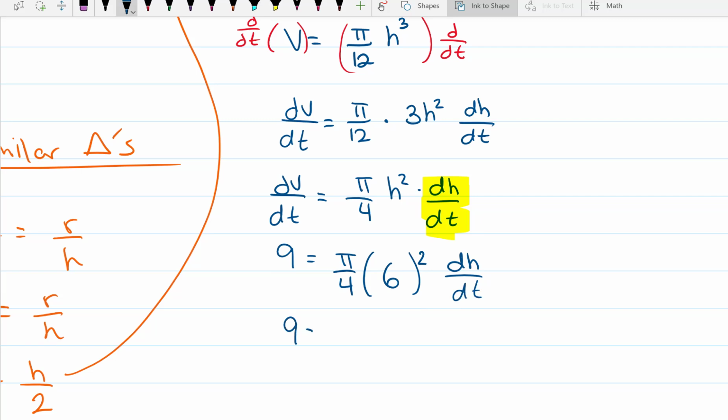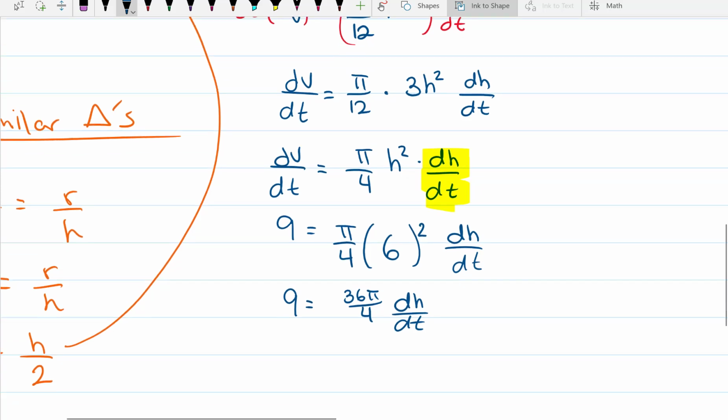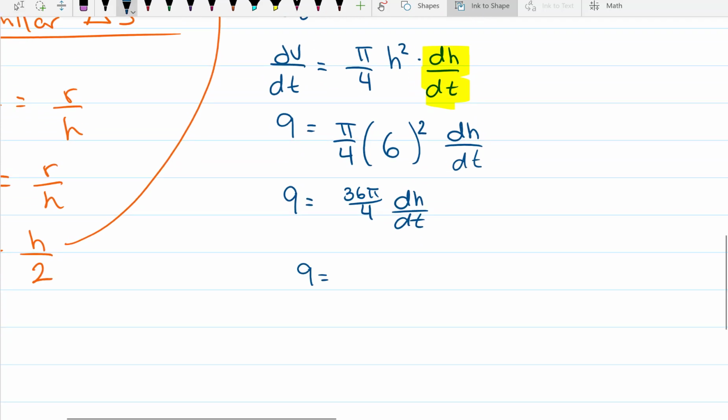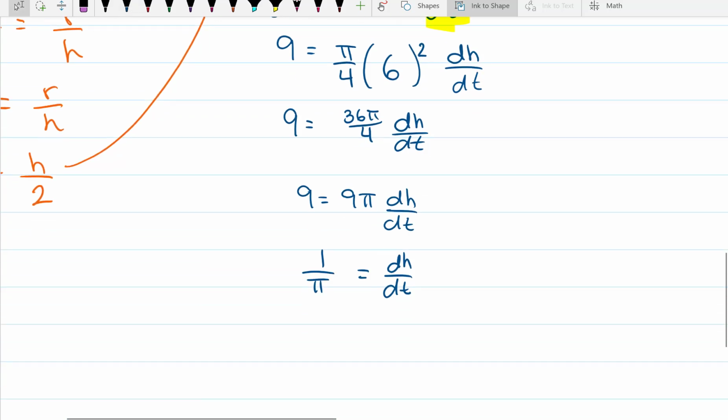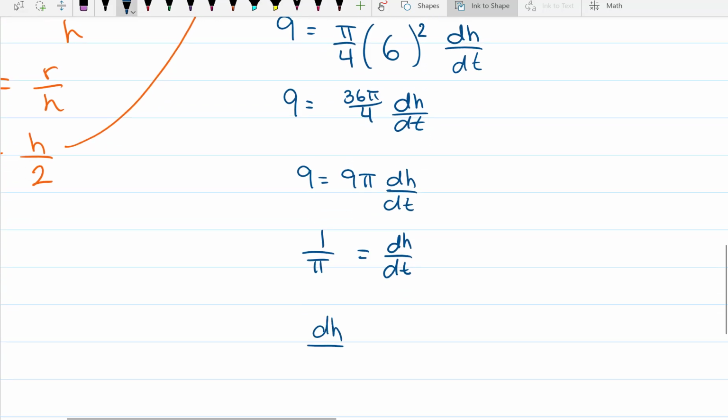And I get 9 is equal to 36 pi over 4 dh/dt. 9 is equal to 9 pi dh/dt. So dh/dt is equal to 1 over pi. This means that the height is changing at approximately 0.318 feet per minute.